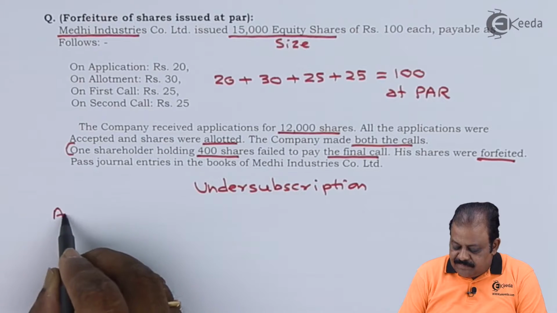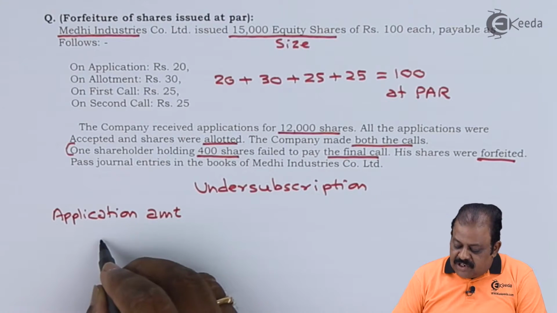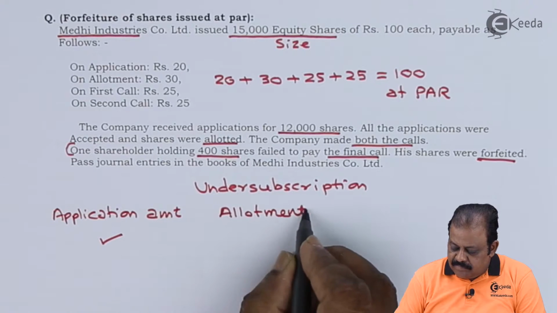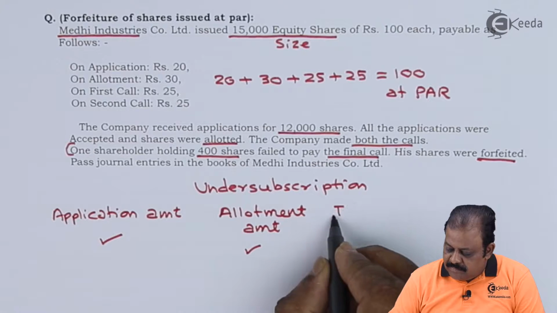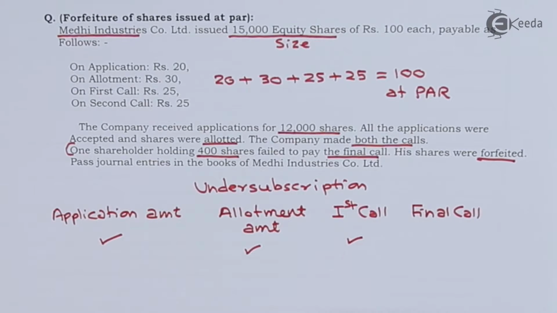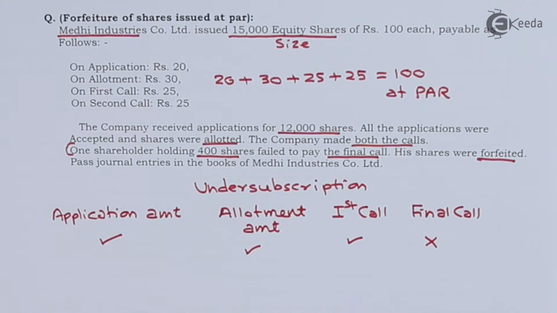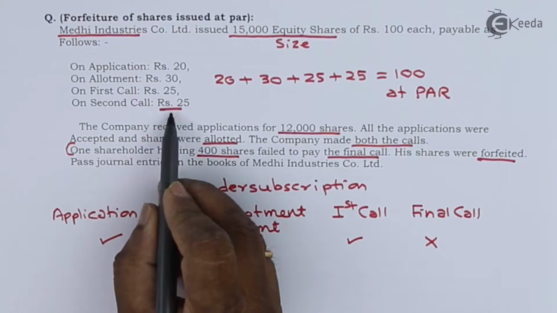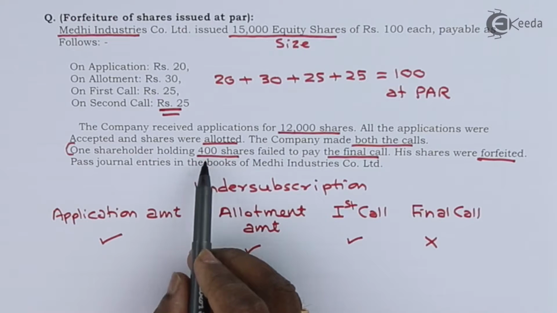That means he has paid the application amount, he has paid the allotment amount, he paid the first call amount. There is default on the second or final call. The second or final call is of rupees 25. Number of shares held by him is 400.